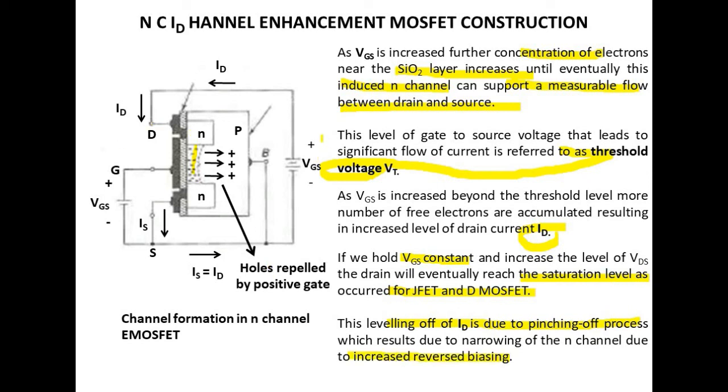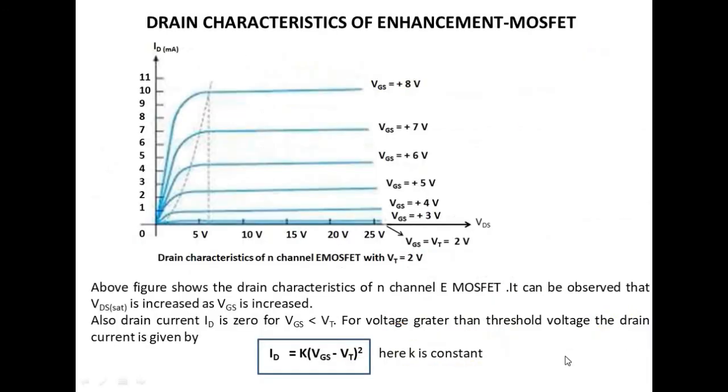Because in N type we are applying plus voltage VDS, as we increase the VDS, reverse biasing is increasing, so this channel gets reduced or narrower.